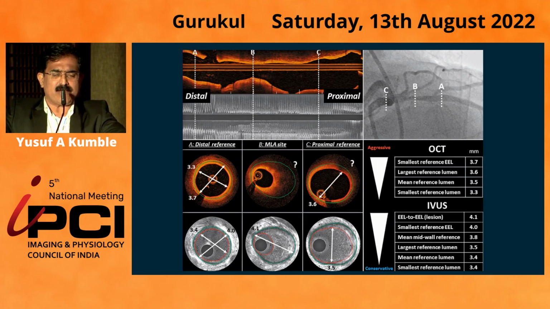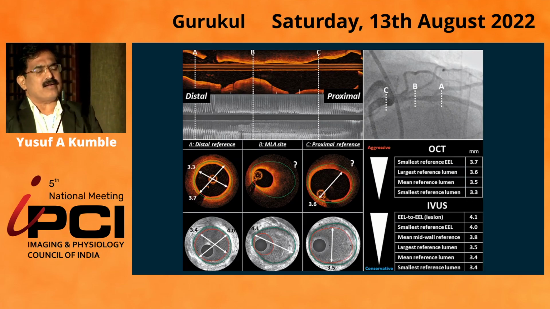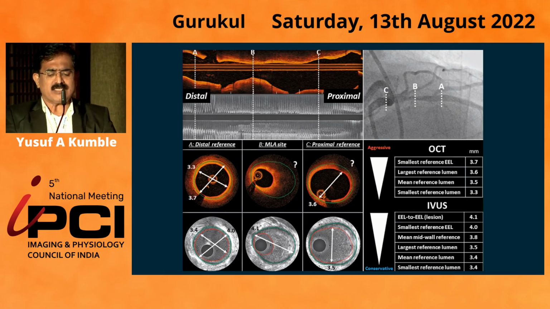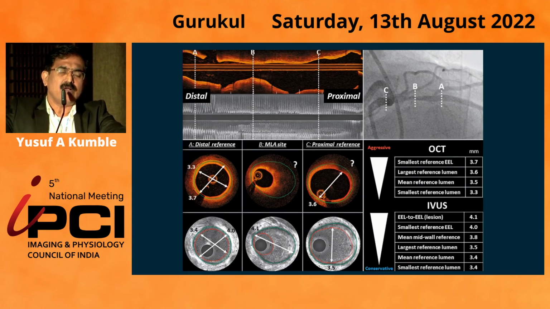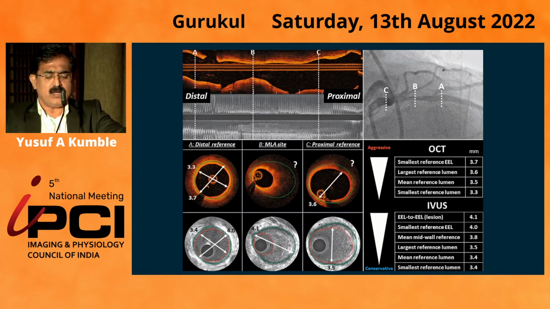If you are taking a conservative approach, the smallest reference lumen should be the criterion for the stent diameter. However, if a very aggressive approach is required, then the smallest reference EEL, especially for IVUS, is taken as the criterion. With OCT, the smallest reference EEL gives the maximum diameter compared to the smallest diameter if you are taking the smallest reference lumen.